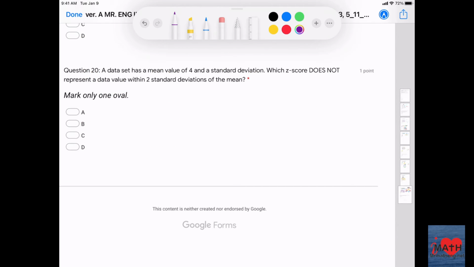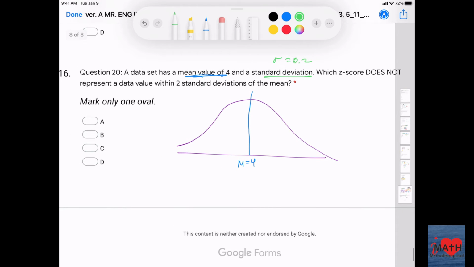Question number 20. A data set has a mean value of 4. Let's color code this for you. A mean value of 4, and I need to change that. There's a typo. And a standard deviation of 0.2. So plus 0.2, plus 0.2, and plus 0.2.